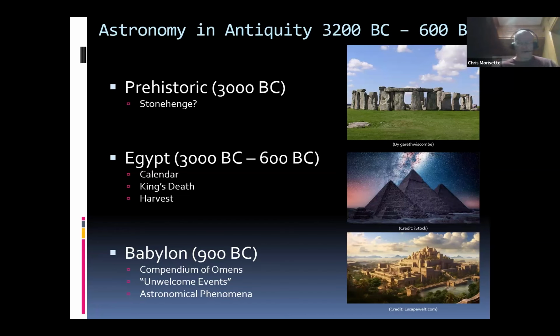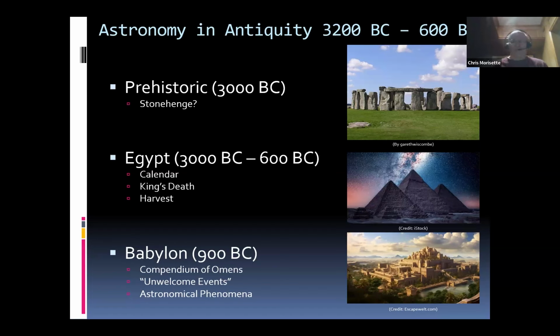As they refined their system, they incorporated into their prognostications astronomical phenomena, such as the movement of the sun, the moon, and the planets, so that if you had a planet in a particular position in the night sky, that may be an omen for something unwelcome that might occur in the near future.